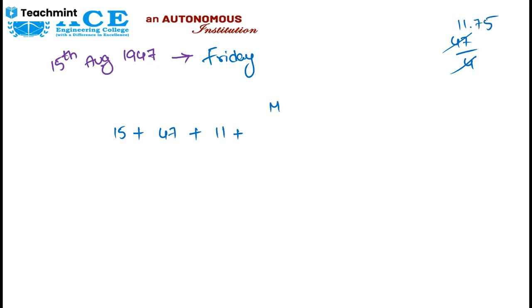Month code, August is 8, it comes in the third category: 12 square, 5 square, 6 square, in that the middle one, 3. Century code, 1947 belongs to the 20th century, so 0. And then we have to perform minus 1 after all this.